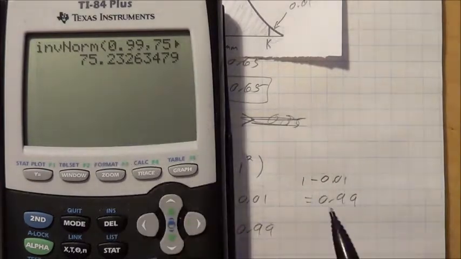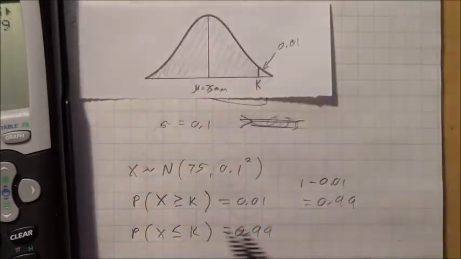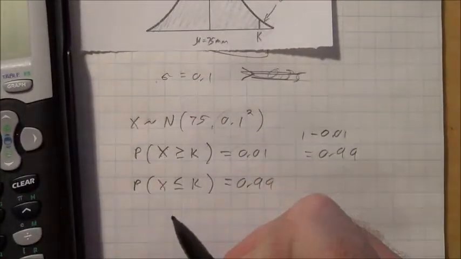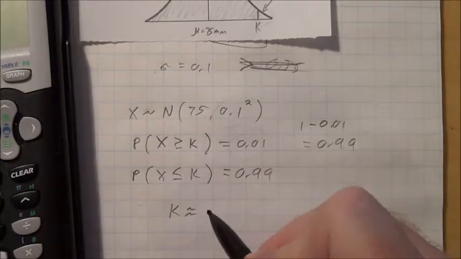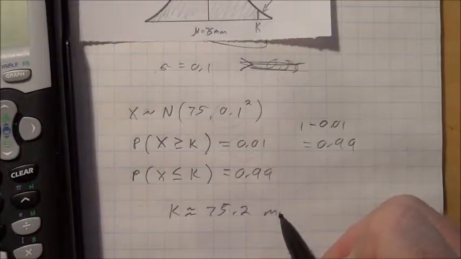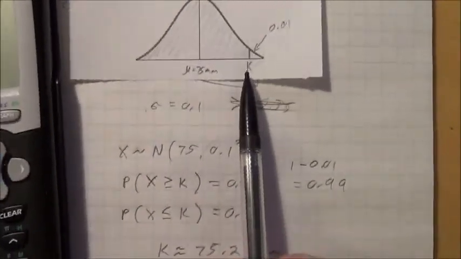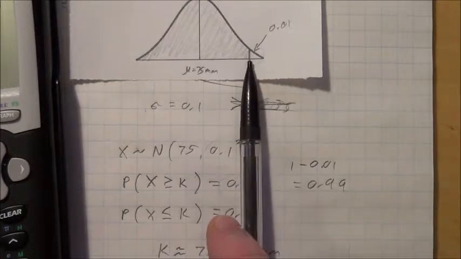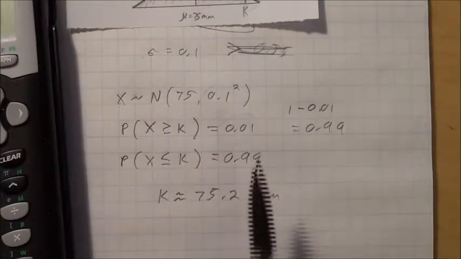And we see that that's 75.2326. So that means that k is approximately equal to 75.2 millimeters. So that means that there are screws that are longer than 75.2 millimeters.